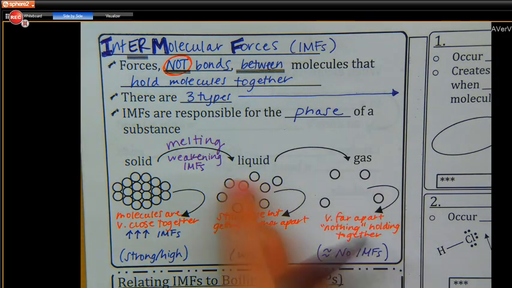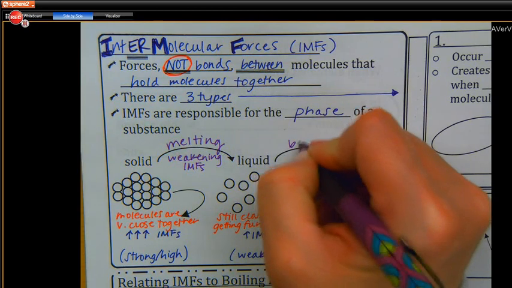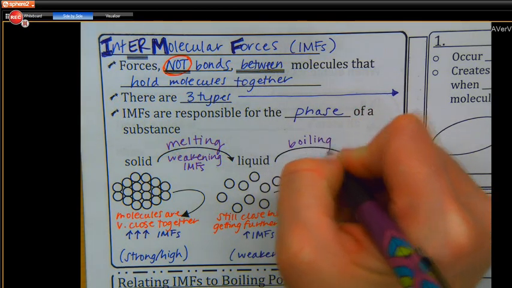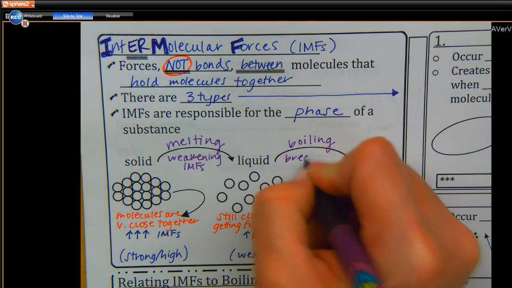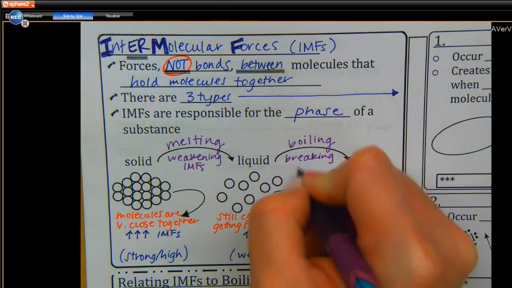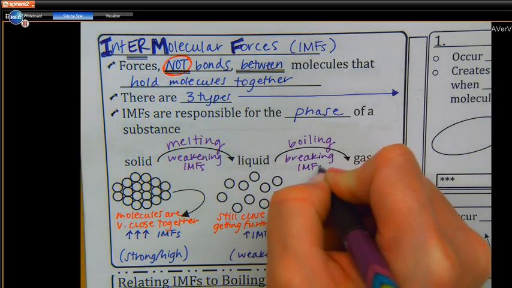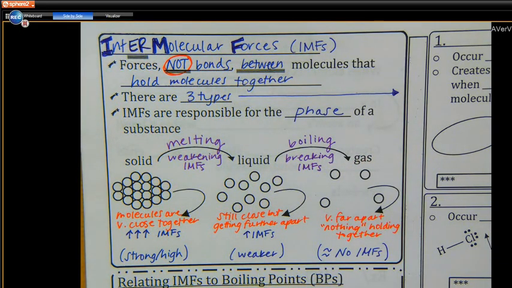The one at the bottom is our strongest. Okay? We're going to talk about them individually. I'm going to zoom back in. The first one, our weakest intermolecular force, we refer to as London dispersion forces.